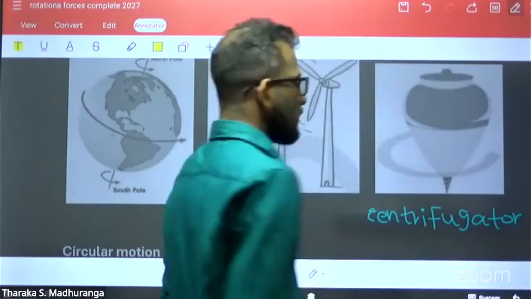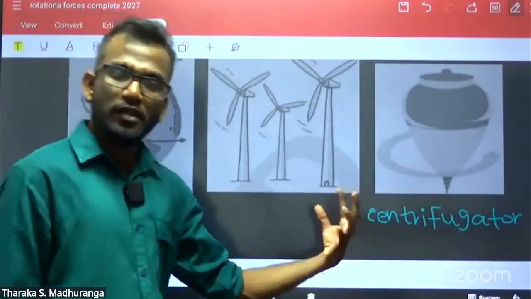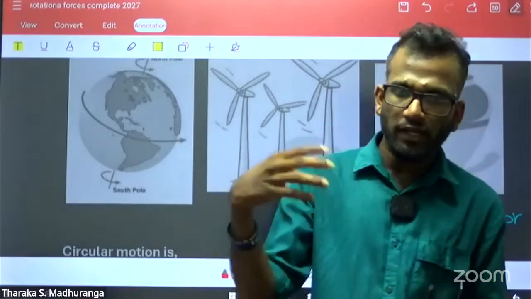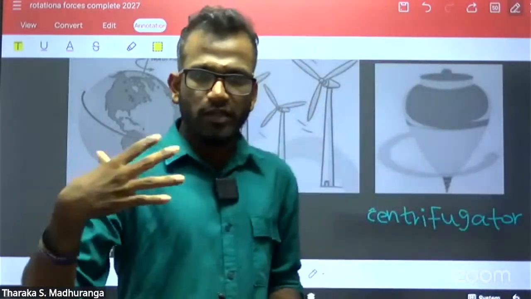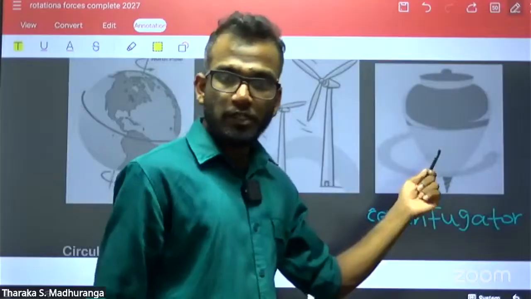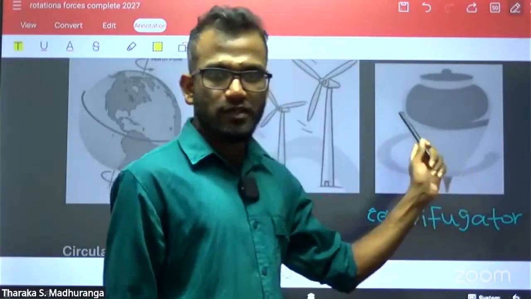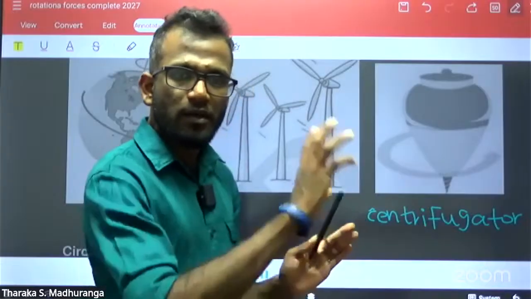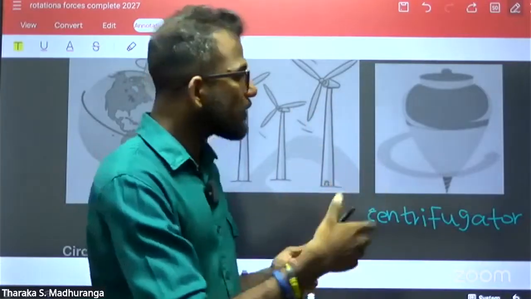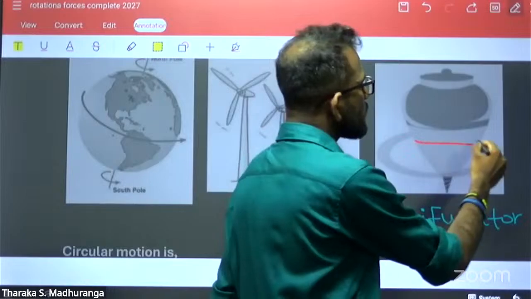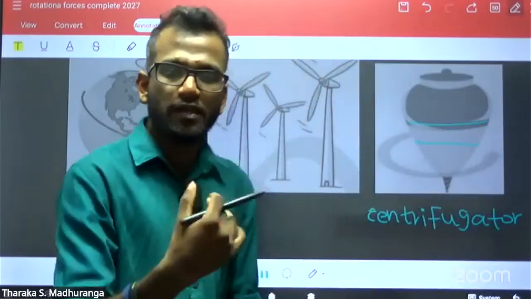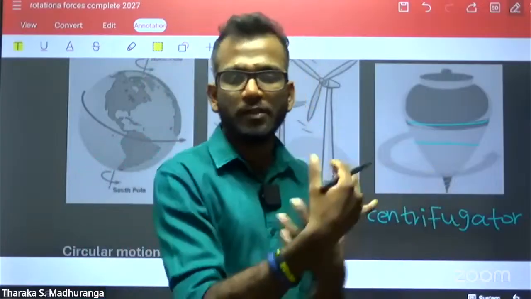The centrifugator is an industrial equipment that we use to centrifuge any liquid. In industrial chemistry we can discuss this centrifugator again. With a centrifuge we can separate liquids of different density. Density-different substances we can easily separate.